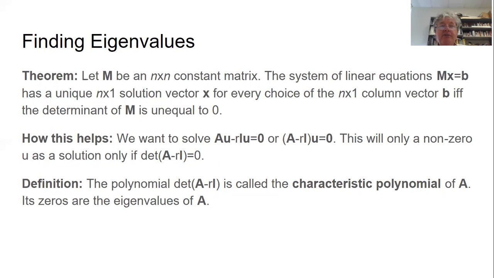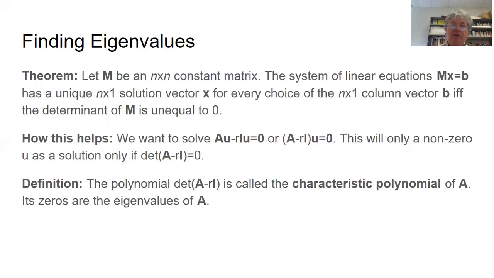First thing, how do we find eigenvalues? Well, here is the theorem from linear algebra that we need. You've got a matrix M, and you've got a system of linear equations Mx equals b, right? So x is a vector of unknowns, and b is some vector of knowns.